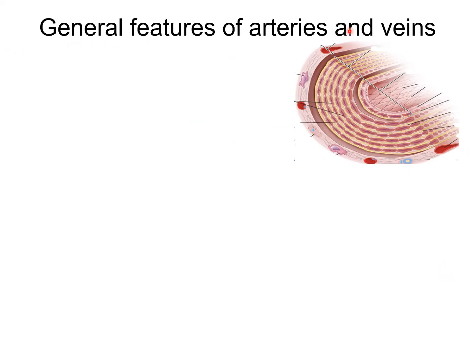General features of the arteries and the veins. There are three layers from the lumen onwards: the tunica intima, tunica media, and the tunica adventitia.